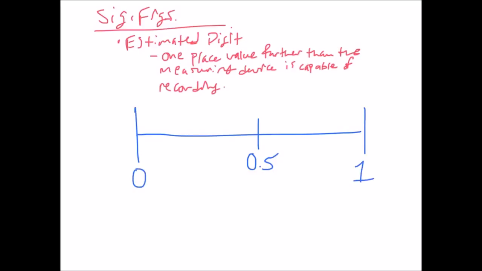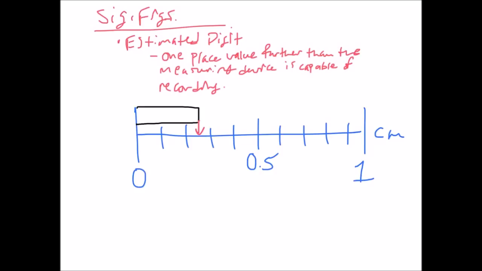So let's set this up and say this is a meter stick and that we're going to measure some object, maybe a block or something, and that the block comes out this far. If we just extend this line down here, that's where the object needs to be measured to.